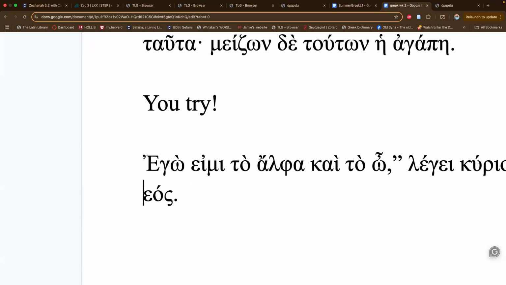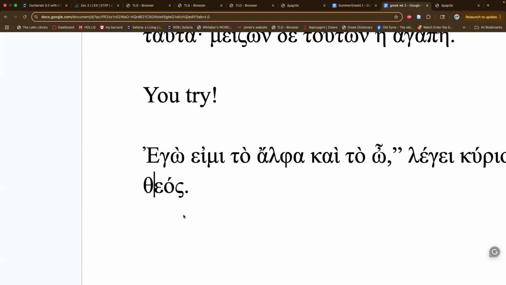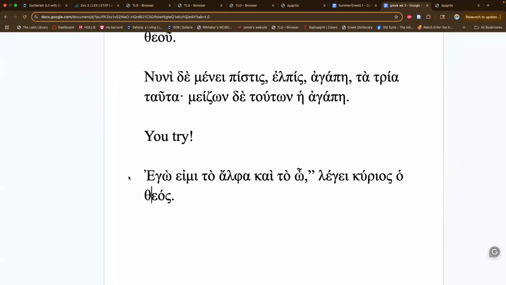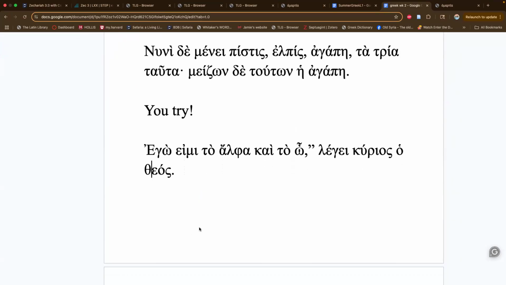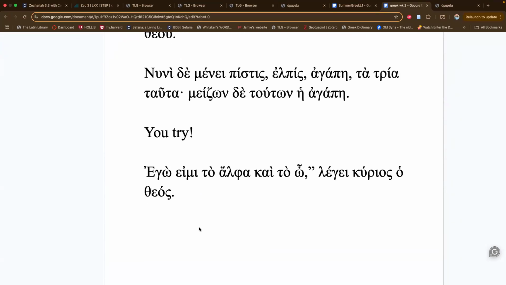If it were to be capitalized, it would look like that. Luckily they both look relatively similar, like the circle with the thing in the middle.